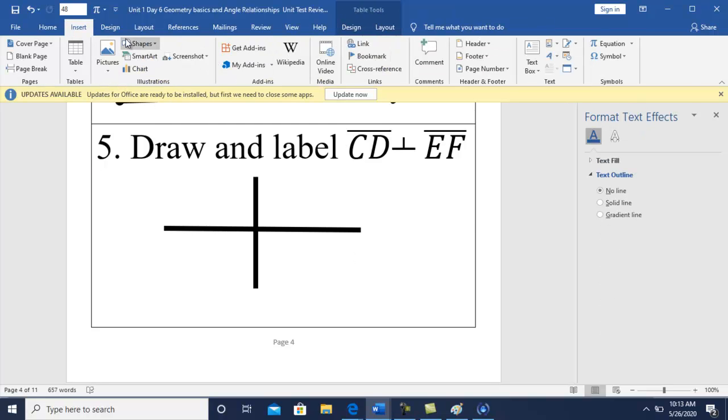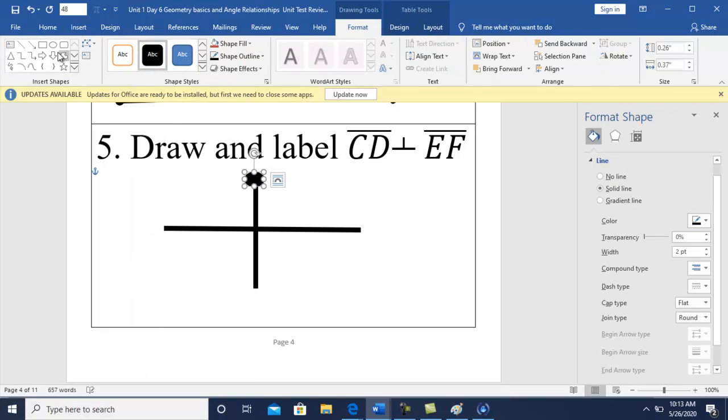Okay, so let's insert some dots here. Okay, and then we're going to put a little square here.